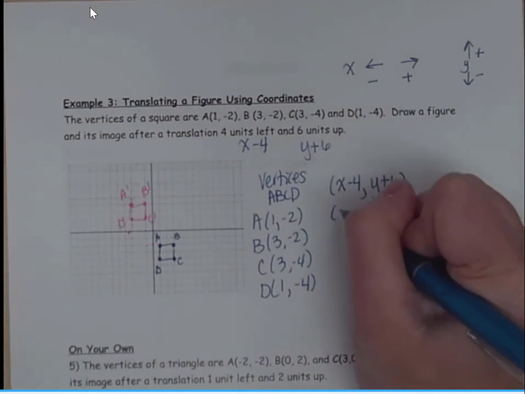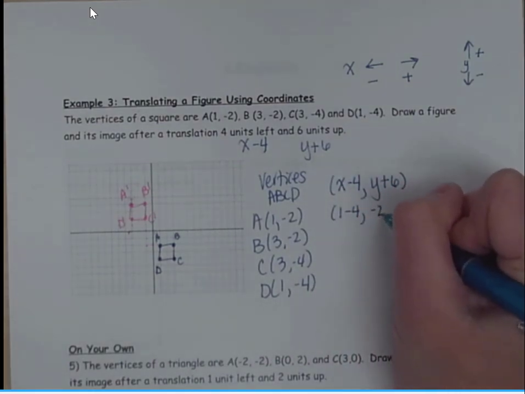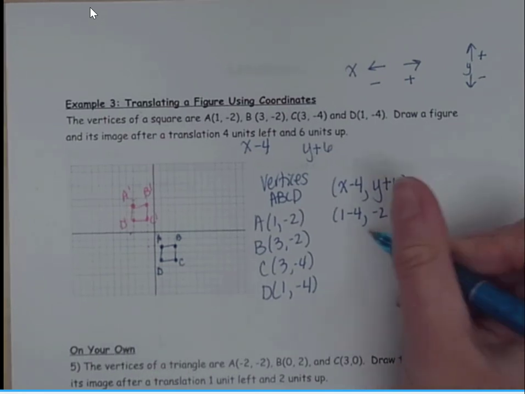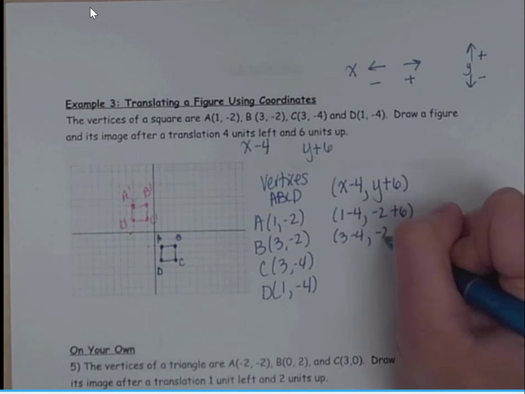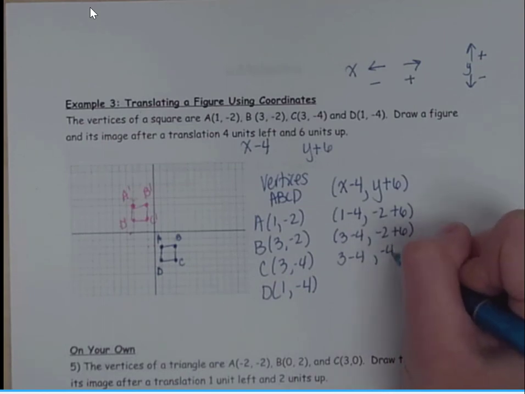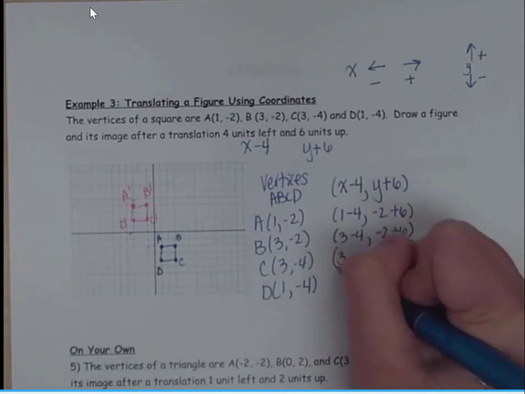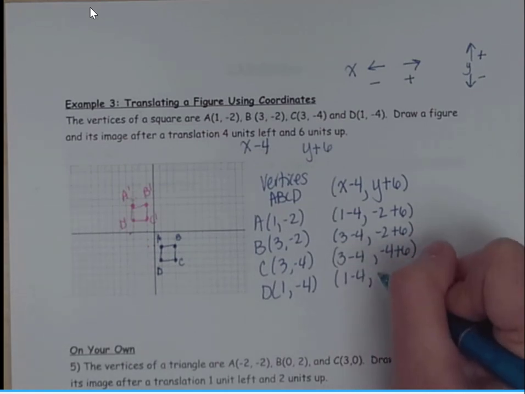So that means here I've got 1 minus 4 and negative 2 plus 6. Here I have 3 minus 4, negative 2 plus 6. Here I have 3 minus 4, negative 4 plus 6. Here I've got 1 minus 4, negative 4 plus 6.